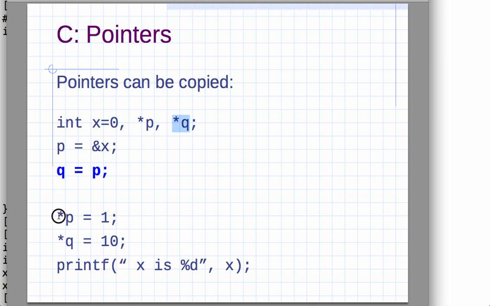We can assign a value to the thing that p points to, which, as we know from the previous example, will change x to have the value 1. And if we change star q to 10, what we're really doing is changing the value of x from 1 now to 10. So now if we print out x, we will get the value x is 10.